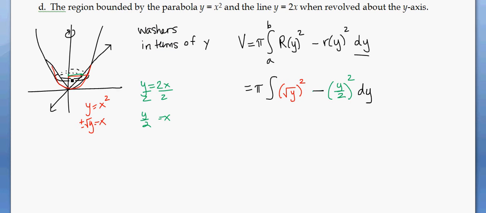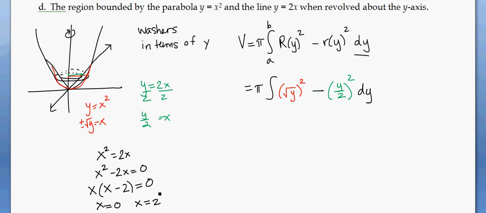All right, so now we need our bounds in terms of y. So we could solve either. So let me show you both ways. So we could set x squared equal to 2x, and this would give me my bounds in terms of x. So I factor this by factoring out a GCF, x times x minus 2. So again, zero product property tells me either x is 0 or x equals positive 2. So this tells me that this point is 0 comma something, and this is the point 2 comma something.